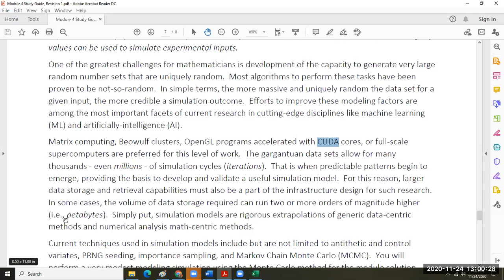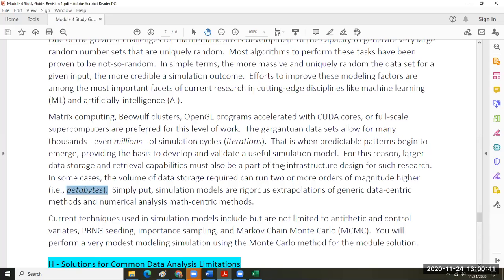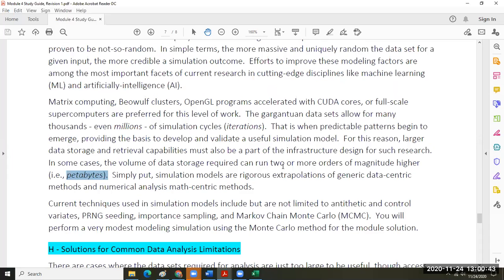But in any case, when you're talking about random numbers, you're talking about petabytes of data, because you want to run lots of iterations, millions of cycles of calculations, so that you can see whether or not the model holds true. When you do your solution, you are generating some random numbers to perform a Monte Carlo simulation, but you're going to step through it in Excel, and it's something that you can easily do within 45 minutes.